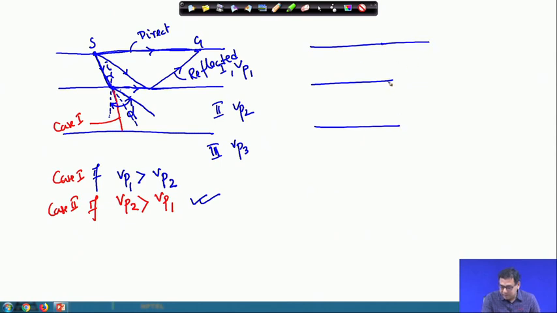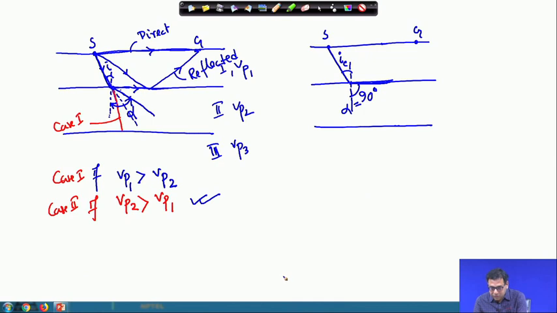So, if I draw it afresh, this is the geophone, this is the S, and this is the ray. It will follow this path. This angle in such a case is known as the critical angle, when this alpha value is equal to 90 degrees.